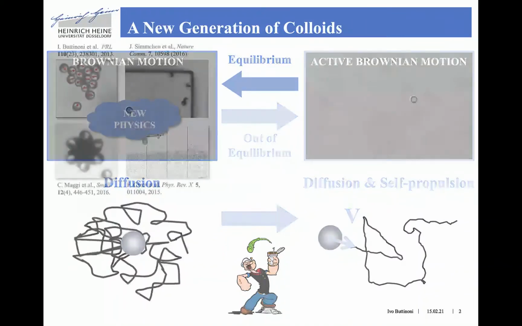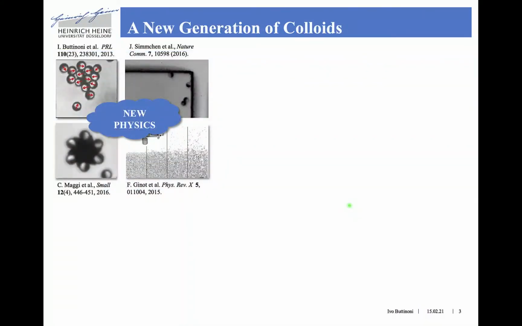The remarkable difference between Brownian and active Brownian motion makes active colloids an ideal playground to study new physical phenomena, such as how active matter clusters, or how it interacts with a boundary, as well as how it can be used to power some micro machines, as well as to form new dynamic phases.